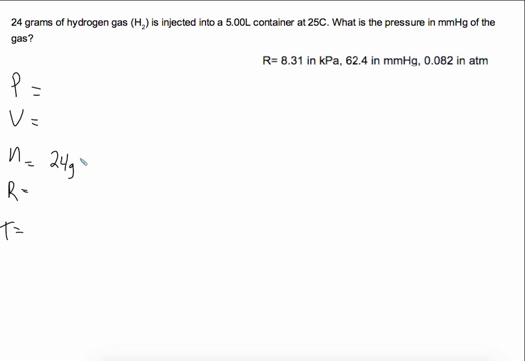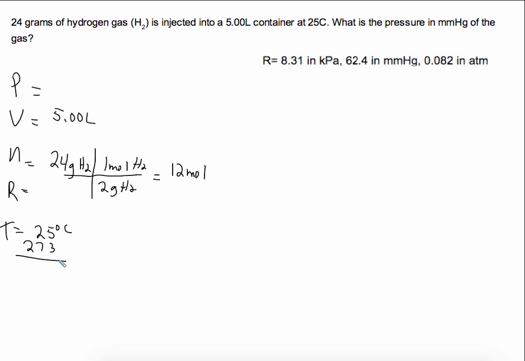So, all right, 24 grams. Well, there is no gram thing here, but we know that we can change grams of hydrogen to moles using the molar mass. 1 mole of H2 equals 2 grams of H2. So that's going to equal 12 moles of hydrogen gas is injected into a 5-liter, okay, that's volume, 5-liter container at 25 degrees Celsius.